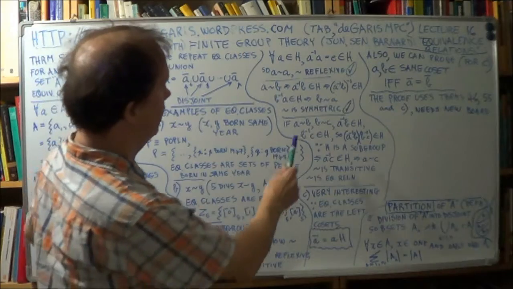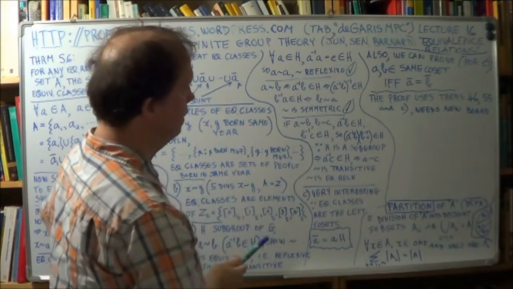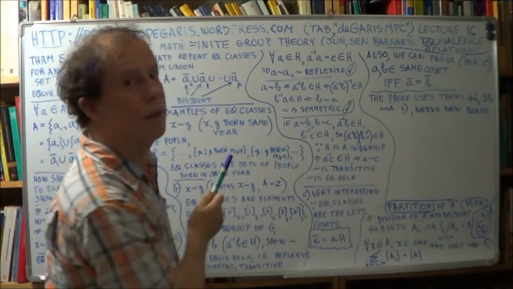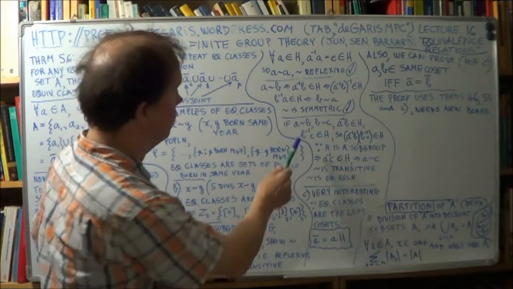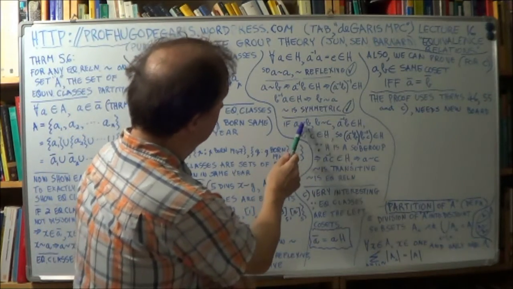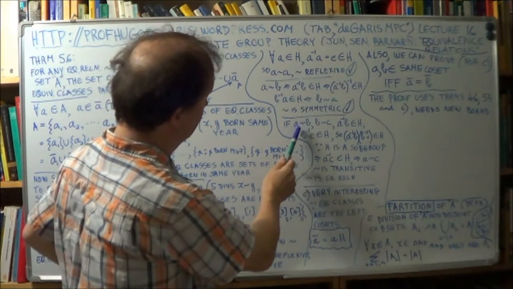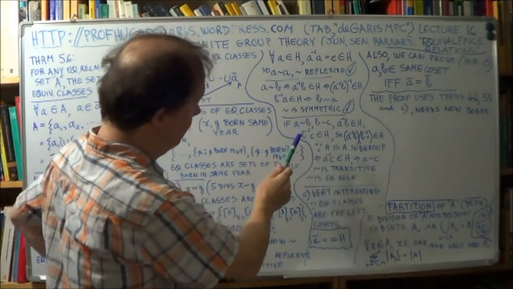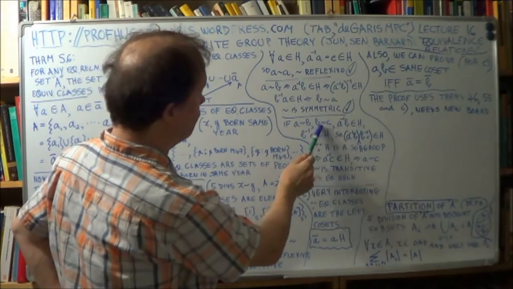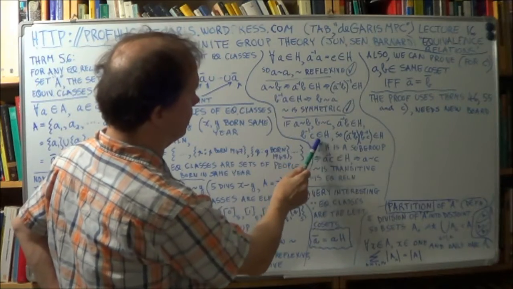All right. Now, if A tilde B and B tilde C, can we prove that A tilde C? In other words, is this relation transitive? Well, if there's a relation between A and B, then A inverse B belongs to the subgroup, and if B tilde C, then B inverse C belongs to the subgroup.